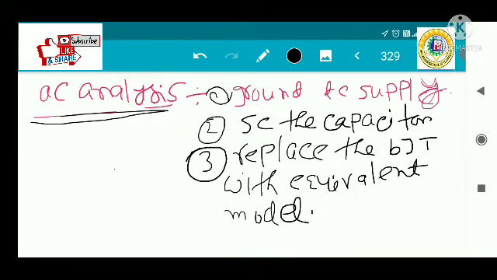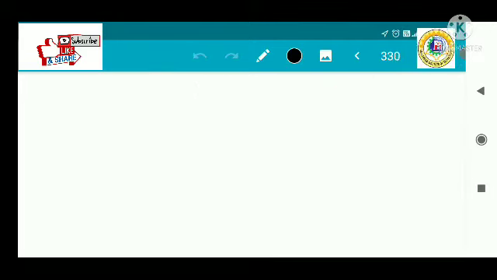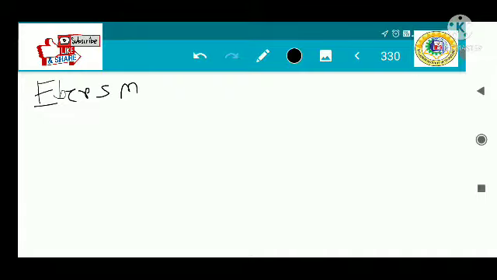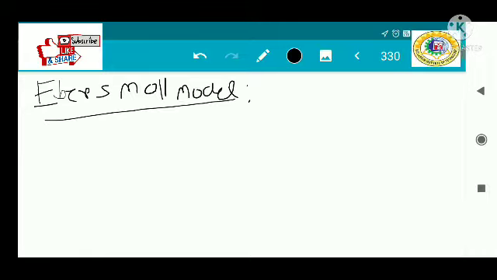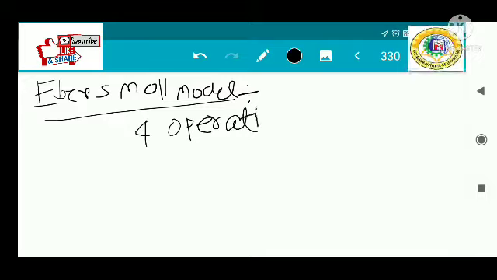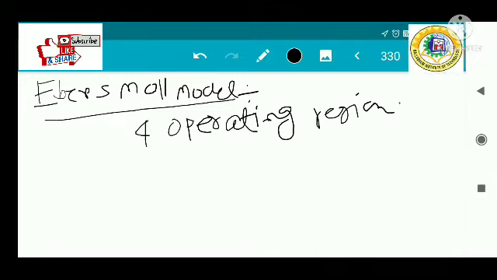We also discussed in this lecture the Ebers-Moll model, and we mentioned that this model is very good because the four operating regions of the transistor can be represented with its help. The disadvantage, as I have said several times, is the nonlinear element present in the circuit.